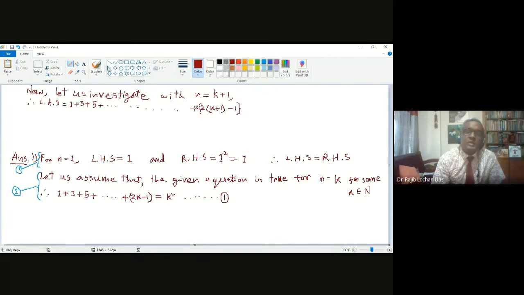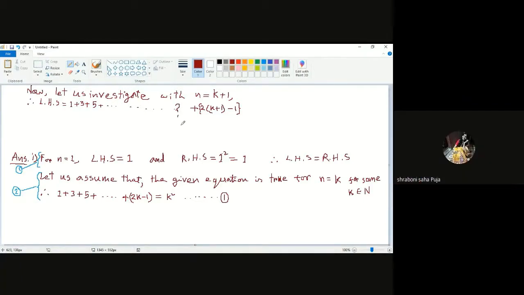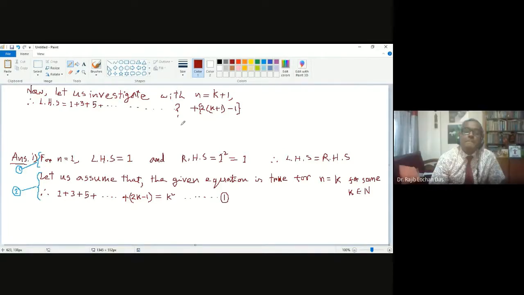Now the point is, what is the second last term, the term just before this? Sir, 2 into k plus 1 minus 2. Almost correct, but not fully correct. She is thinking that the previous one is 2 less.